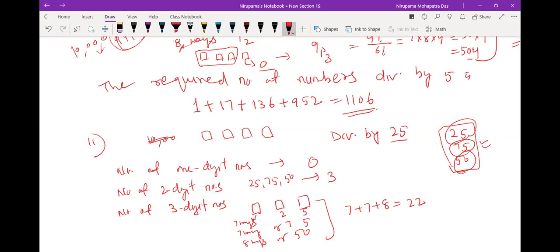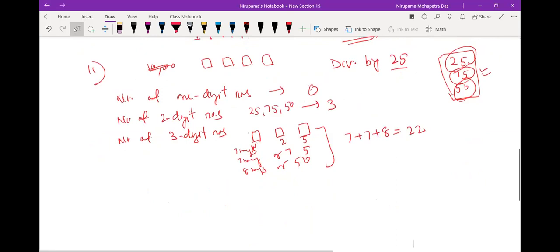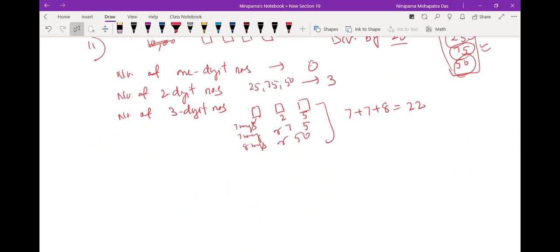Now the next case, the number of four-digit numbers. This is very interesting. We should have taken it in the beginning. Again, here we are considering the numbers which are divisible by 25. You will have 25 here, 75 here, or 50 here.